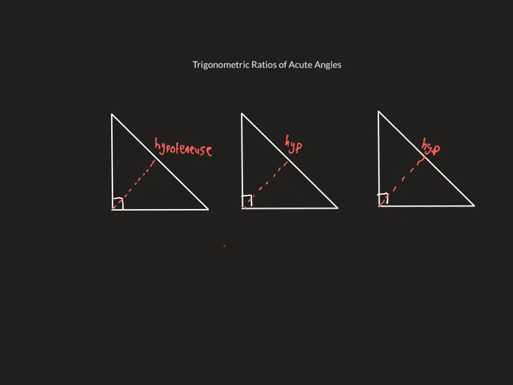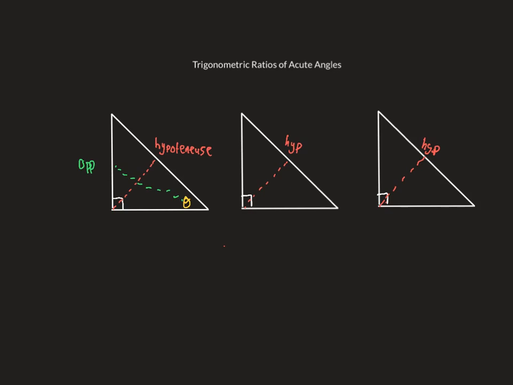So let's say this is my x. Or, actually, I don't like x. Let's go with theta. So this is our theta, my unknown angle, or my known angle. Then looking directly across from it would be that, which means this is my opposite.